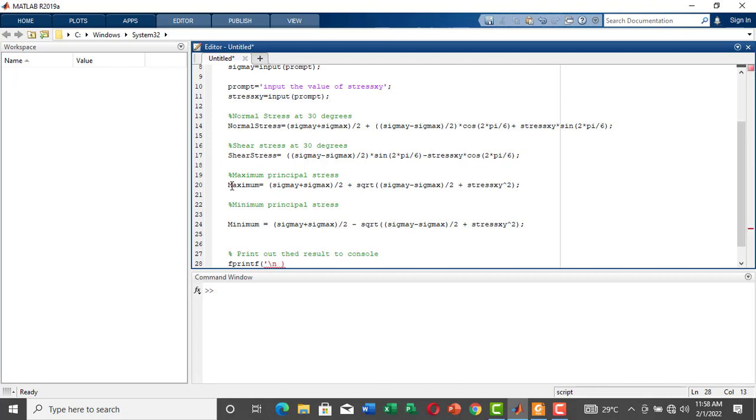What is the name I want to save it as? Let's say I want to save it as maximum stress. All right, and that is equal to, then the new one, the name it has here.